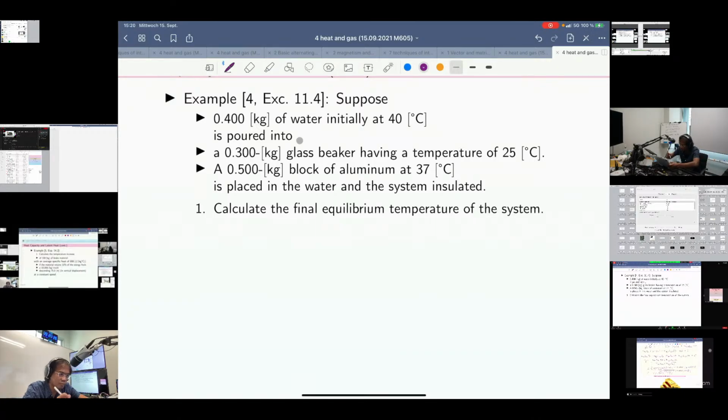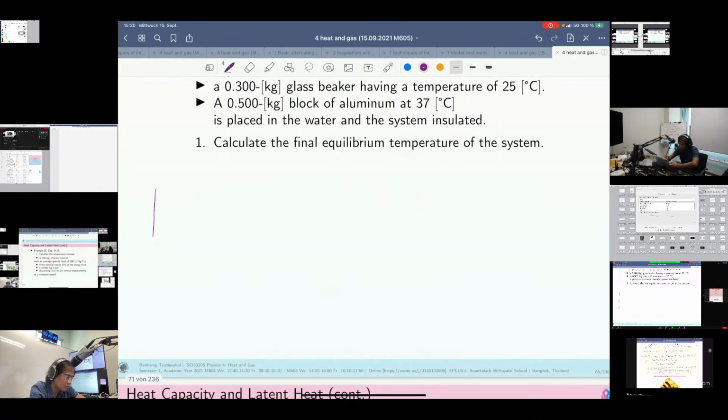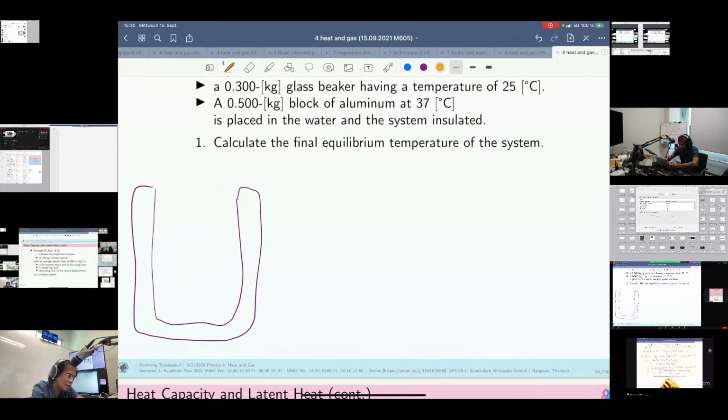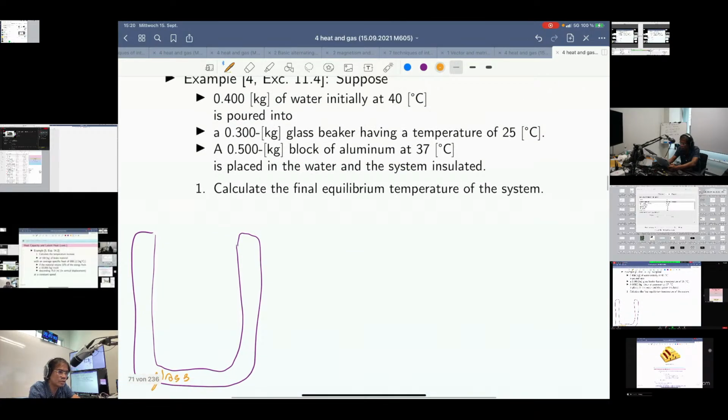So let me write down. Here's the glass. This is the glass, and you pour water into this. It's water of 0.4 kilogram.